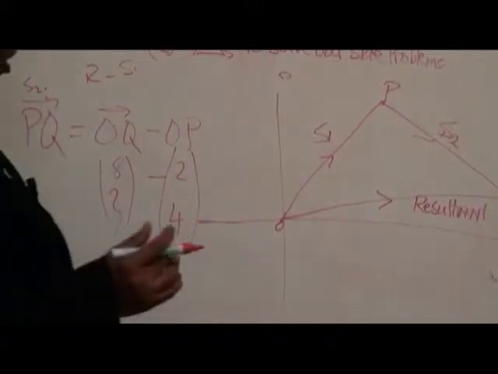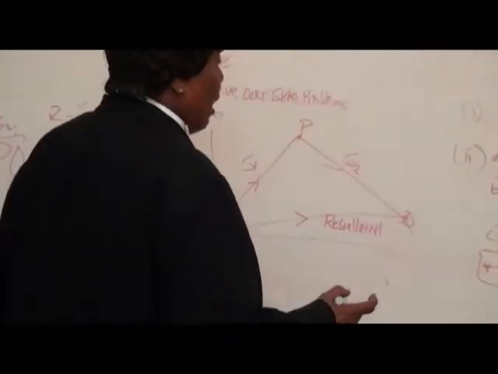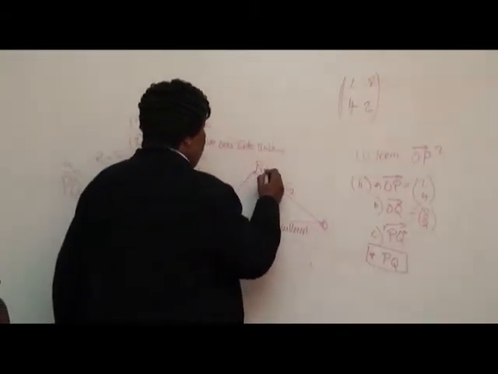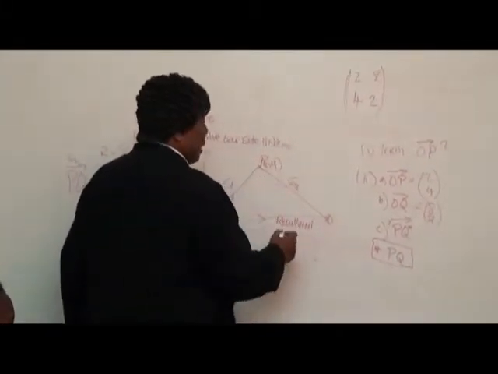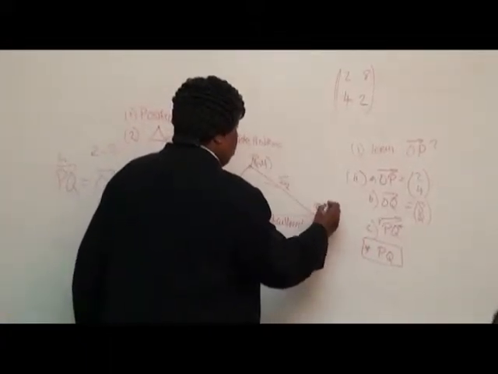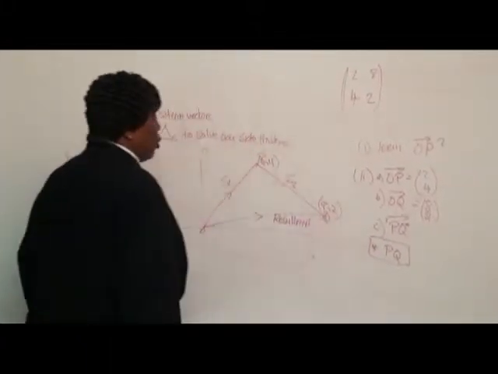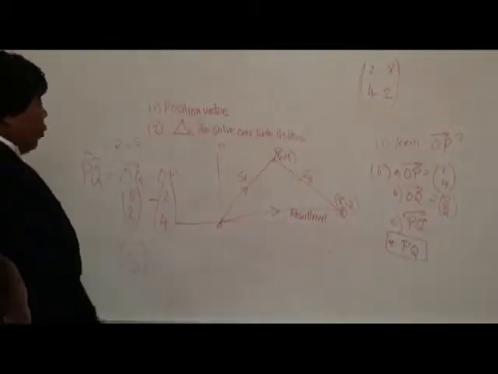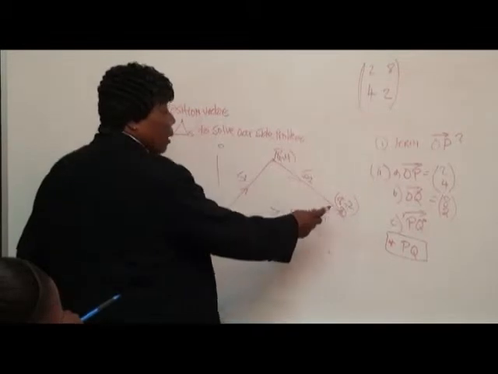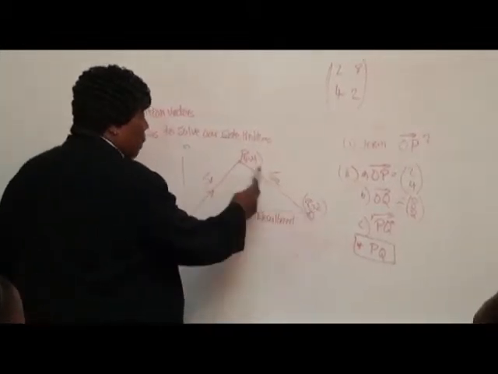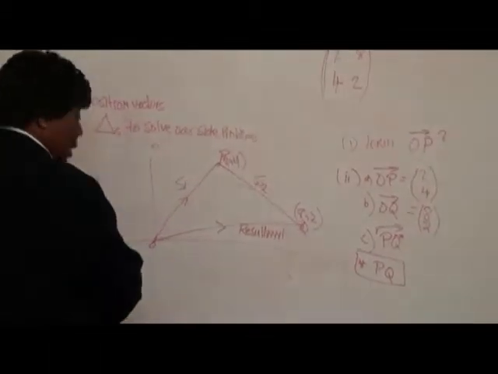Now I wanted to show you something even easier. This was P, (2, 4), and Q was (8, 2). Listen carefully, you can still do it from your diagram. You decide which number you're going to work with first. If you start from Q, use your x's: 8 minus 2 gives you 6.